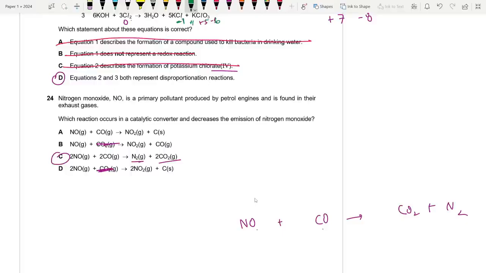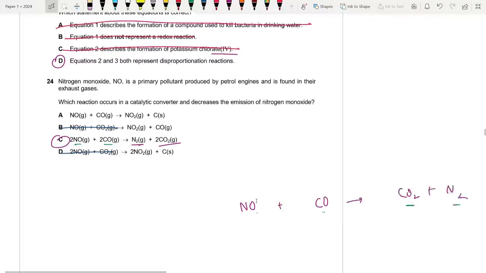So nitrogen monoxide will react with carbon monoxide to form CO2 as well as nitrogen gas, an inert gas. So we are looking for nitrogen monoxide and carbon monoxide on the left hand side, which is why I crossed out B and C. They have carbon dioxide. And on the right hand side, I'm looking for N2 and CO2. That's the general idea. Okay, so 24 is C.